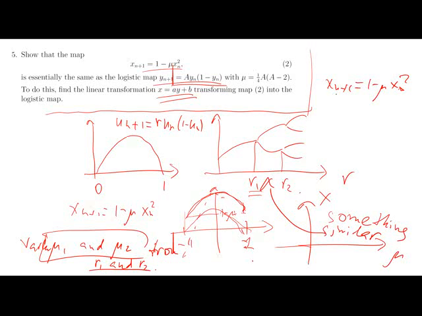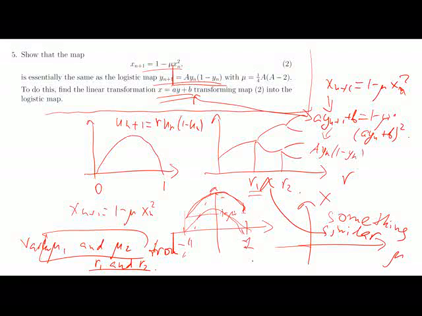Now, instead of x n plus 1 here, we put a y n plus 1 plus b, because that's what we use. And this should be equal to 1 minus mu times, and instead of x n, we put again a y n plus b squared. And next, y n plus 1 is a y n (1 minus y n), because you use this to replace y n plus 1.